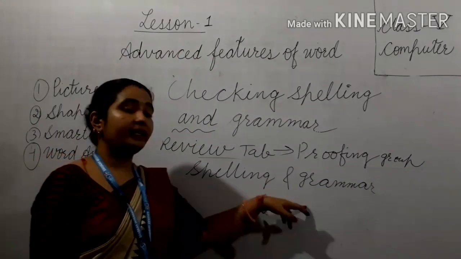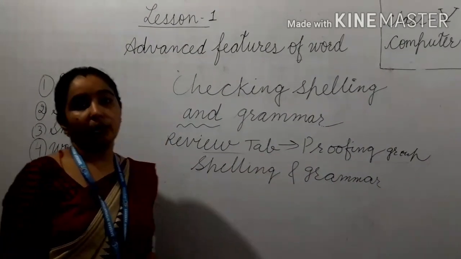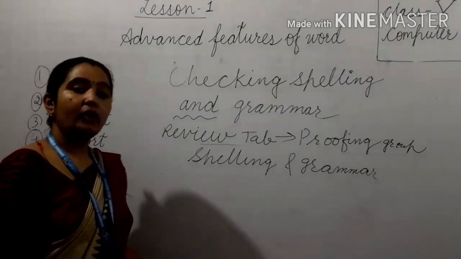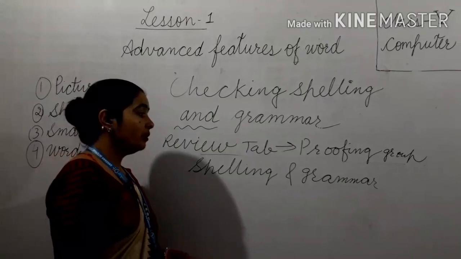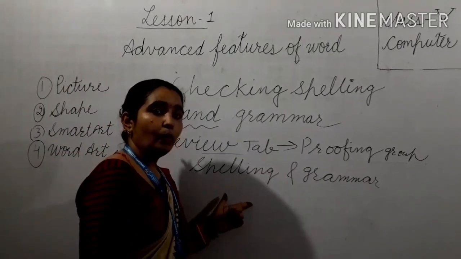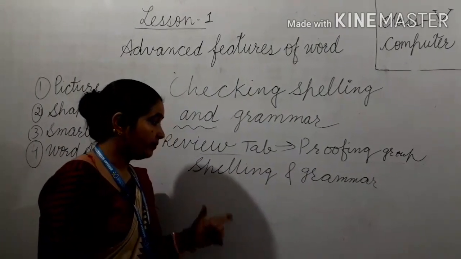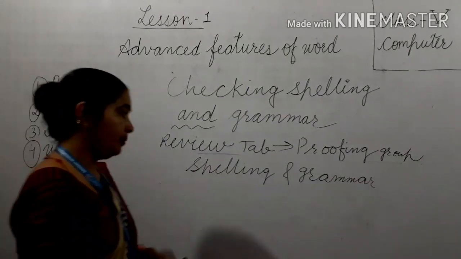After selecting spelling and grammar option, one dialog box will appear. In that dialog box, the wrong spellings will be shown with a red color and you get their options.